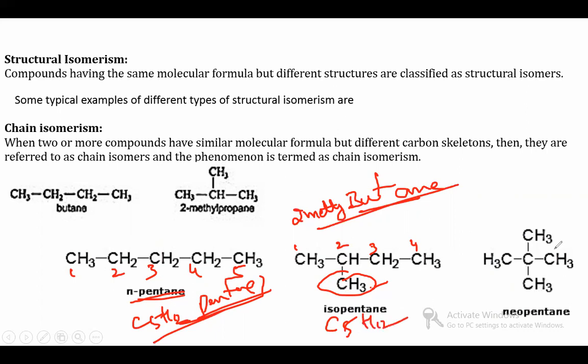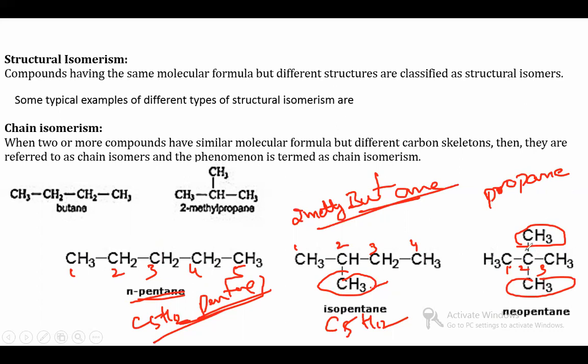Similarly, neopentane. For neopentane, you can give the numbering 1, 2, 3 or 1, 2, 3; however you number, the carbon with the substituent group should get the lowest number, from this side or this side. 1, 2, 3. The second carbon has two methyl substituent groups. The parent chain is three carbons, prop, carbon-carbon single bond, ane, propane.